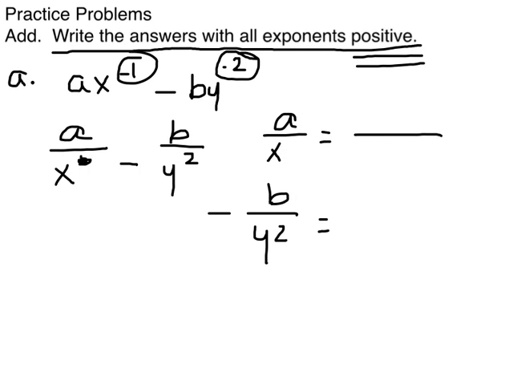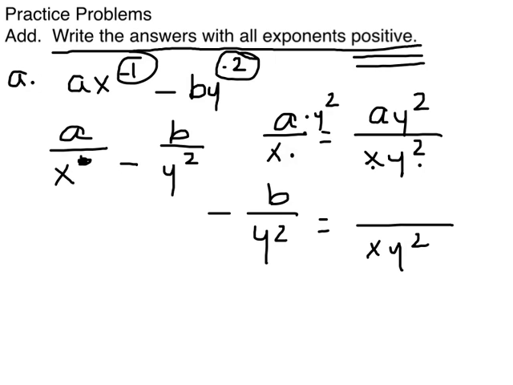What is our common denominator? It is x y squared. We have to represent everything. Here in the top fraction, I have an x, but I don't have y squared over here. So I'm going to multiply a by y squared, and I get a y squared.